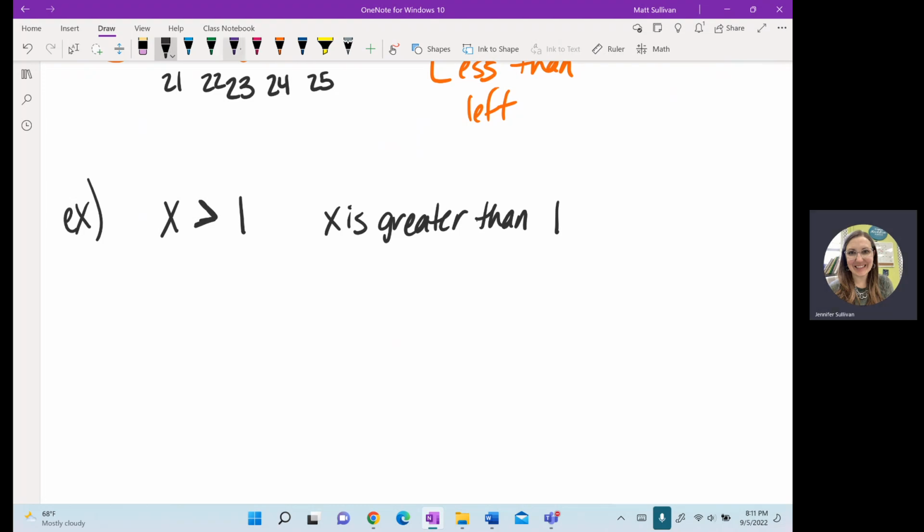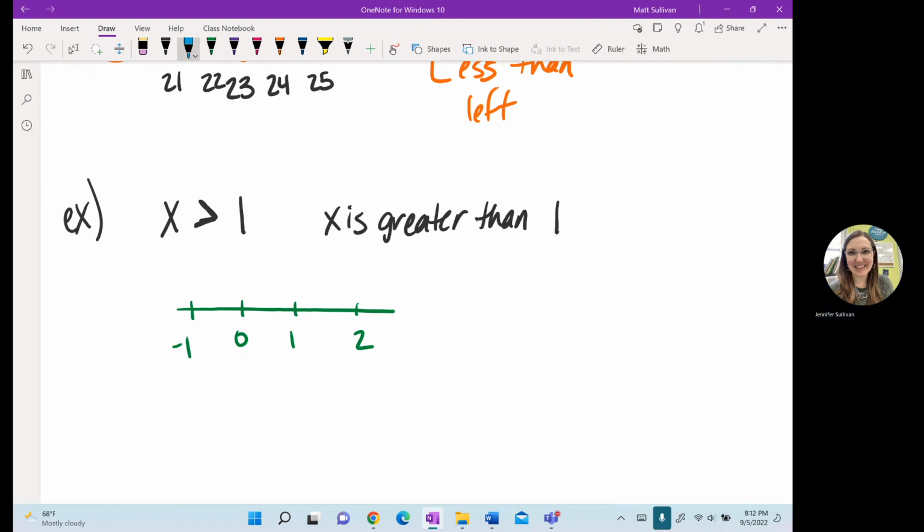Okay, here's where I get lots of mistakes. This is really the last thing. Well, there's one more little piece, but that one's super easy. This is the last main thing that I want to talk to you about in this video. So if I'm dealing with -1, 0, 1, and 2, and I want numbers of x that are greater than 1, well, we know that 2 is a number greater than 1.